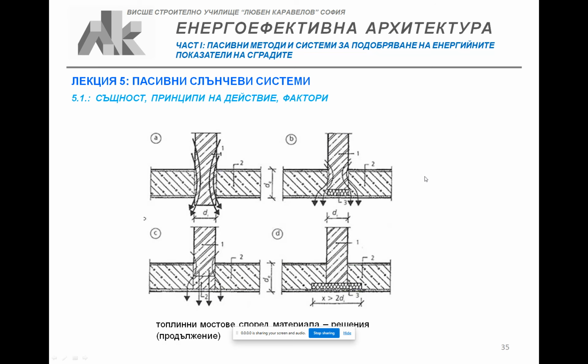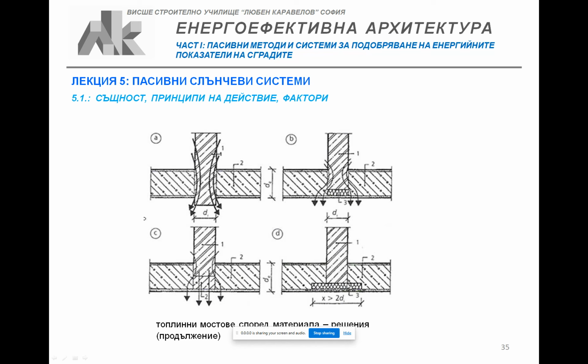And actually, the proper decision for material thermal bridges is that they do not reach the outer surface of the wall element. This can be a structural wall or a plate, a floor plate.